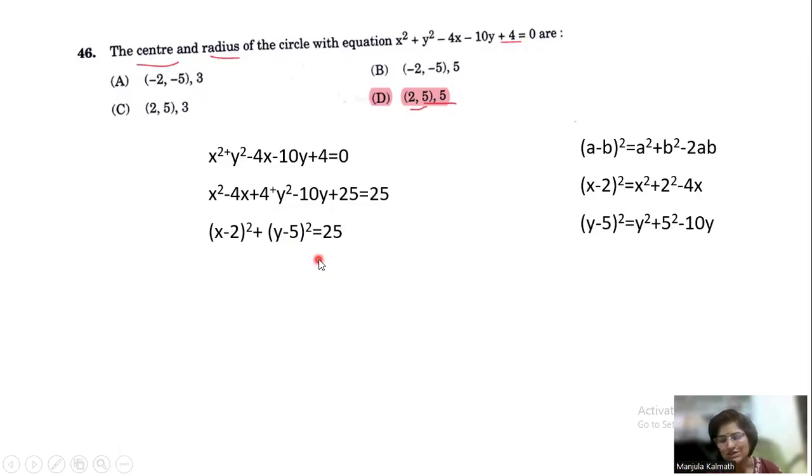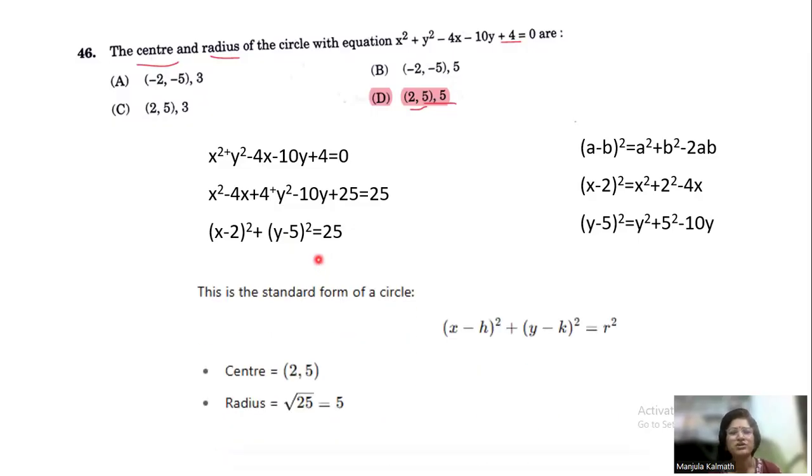Now this is in the form of the equation of the circle. The standard form of the circle is (x − h)² + (y − k)² = r², where h and k are the center of the circle and r is the radius.